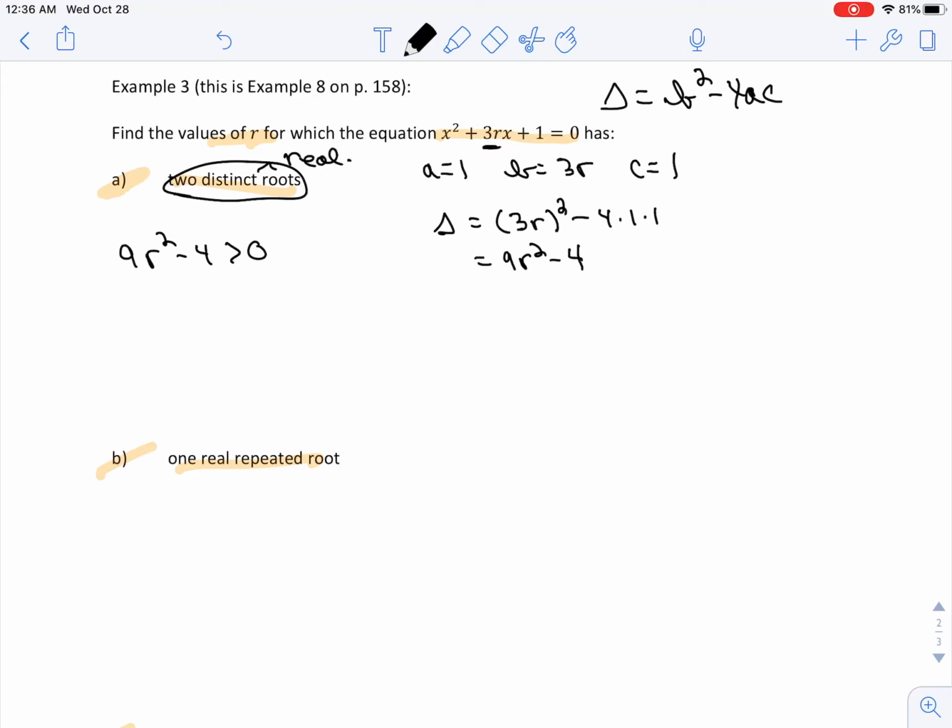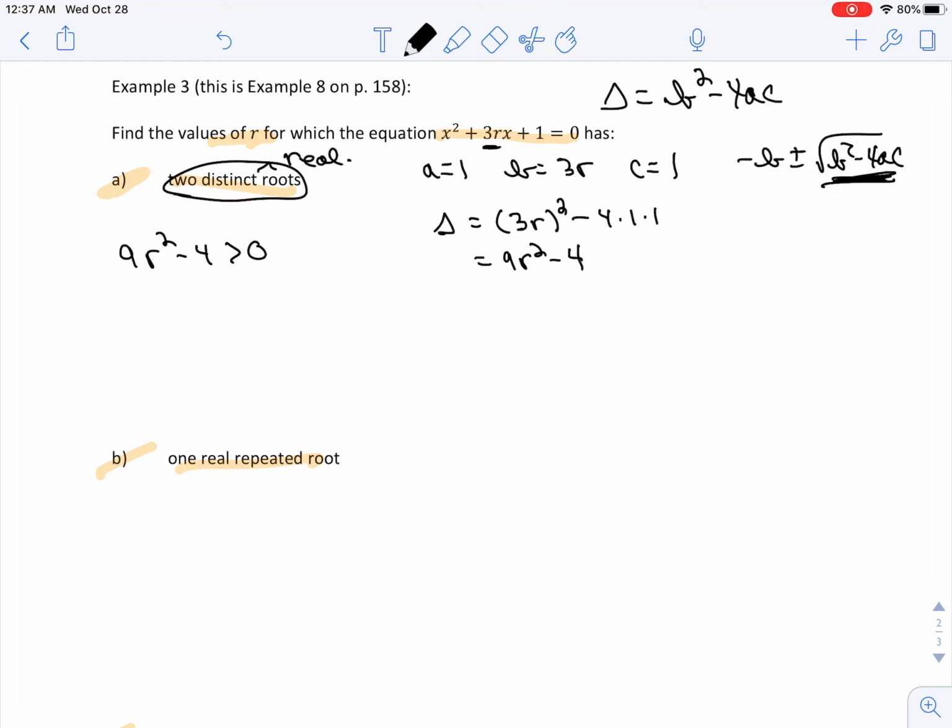In the formula negative b plus or minus the square root of b squared minus 4ac, if I want real roots, this cannot be a negative number, so it has to be greater than 0. So notice that what we have here is a quadratic inequality.